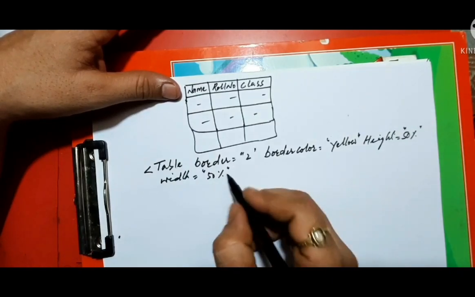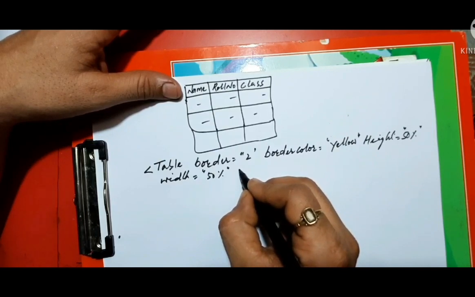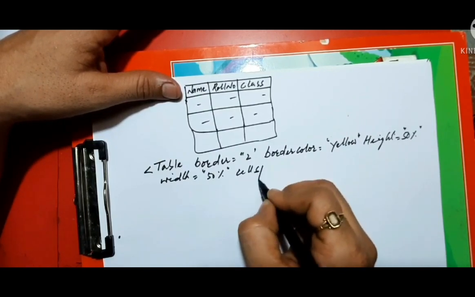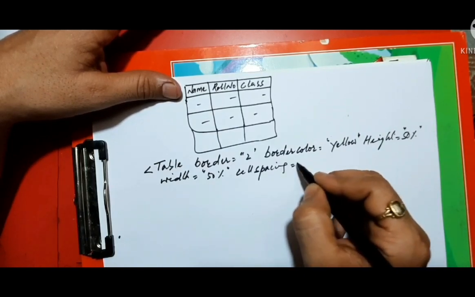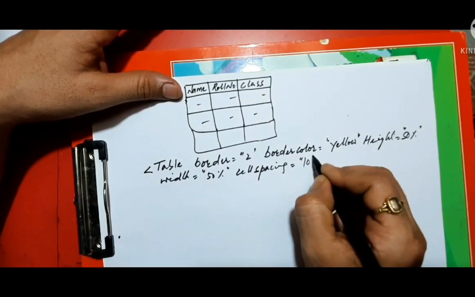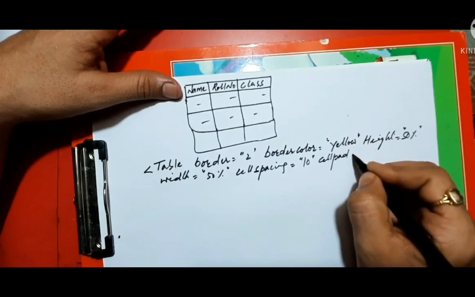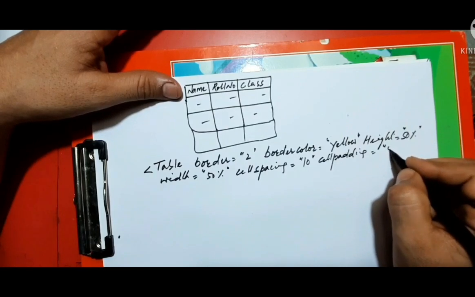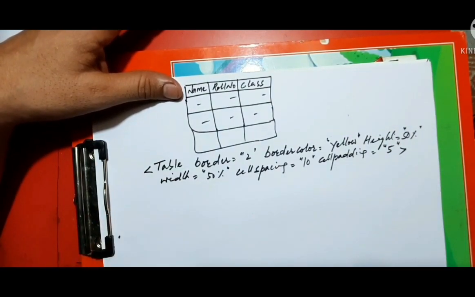And what about cell spacing and cell padding? Cell spacing equals, we specify cell spacing in pixels, so let's say 10, and cell padding, let's say 5. Now this will open the table tag.